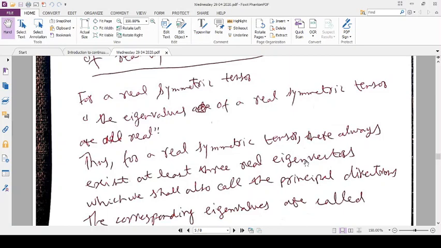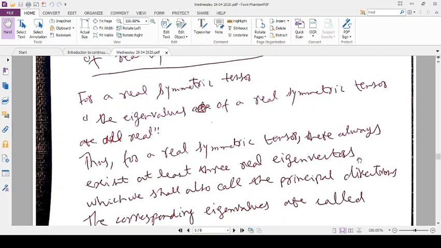You have seen in the previous 3 examples that in all cases, either eigenvalues are repeated 1 time, 2 times, or all repeated, and you have 3 real eigenvectors, which we shall call principal directions.